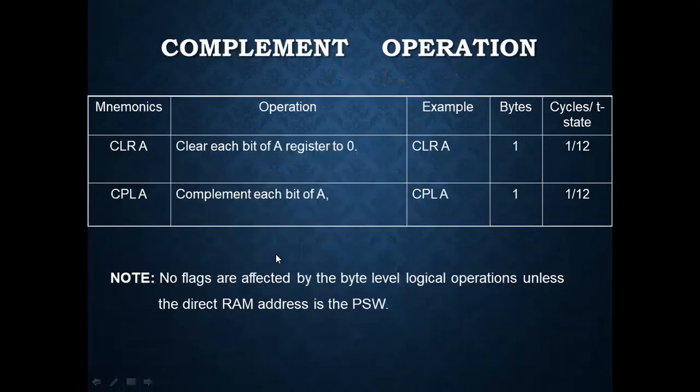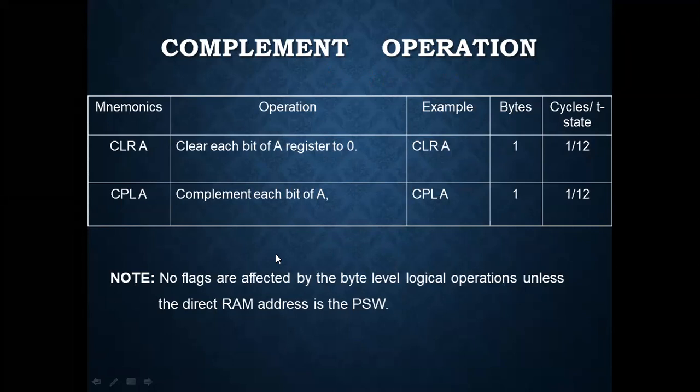Now the complement operation and clear operation. Only one single operand is there: we can clear or complement the content of the A register only. In the instruction CLR A, after its execution the content of the A register will be reset to 0.